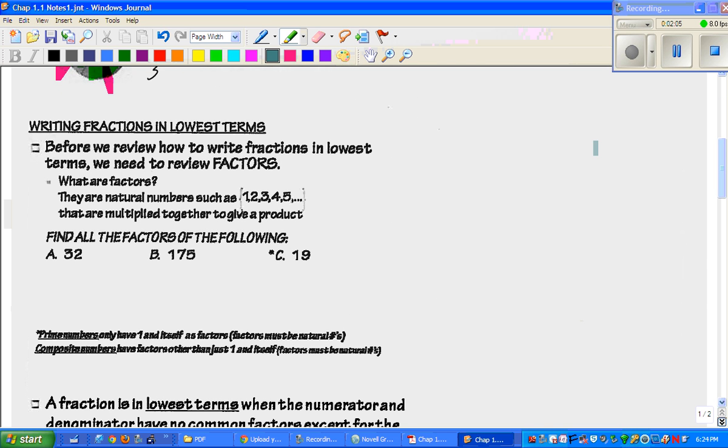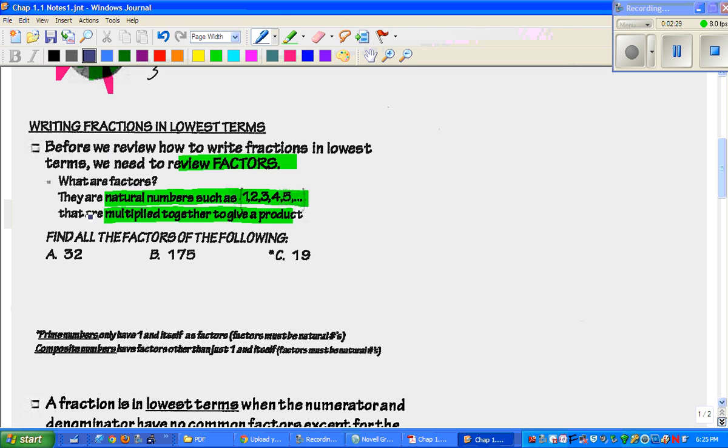Okay, now before we start writing fractions in lowest terms, we need to write down terms to review factors. Okay, now what are factors? They are natural numbers such as 1, 2, 3, 4, and they keep going, that are multiplied together.